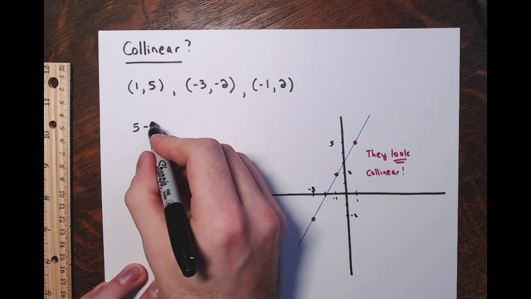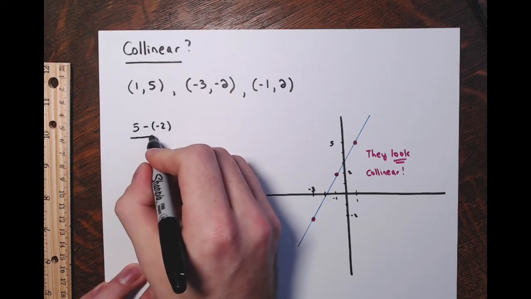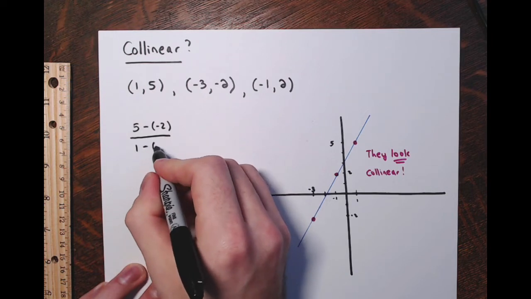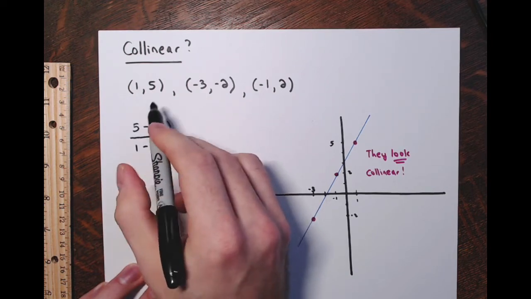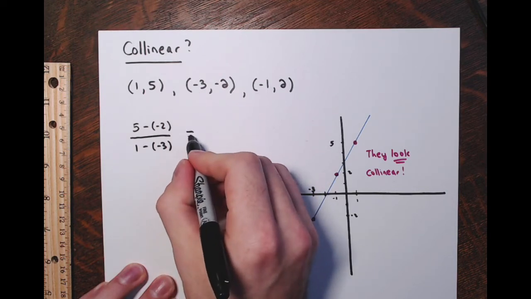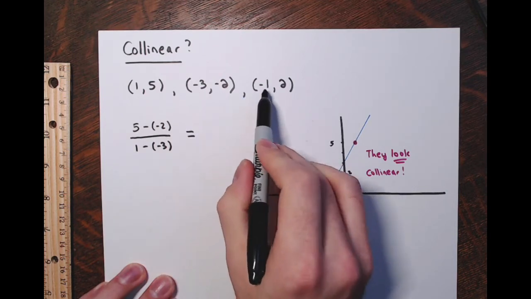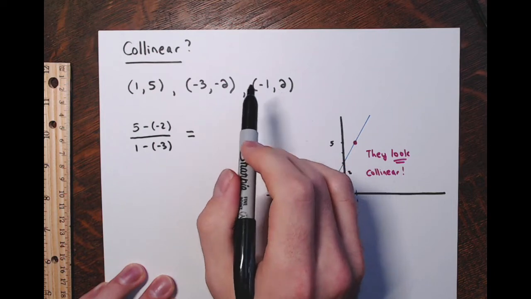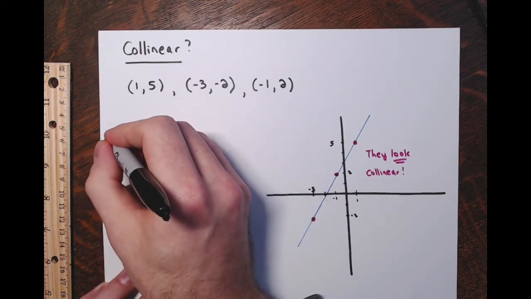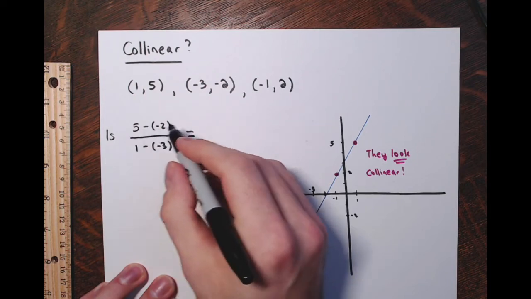So 5 minus -2, change in y, divided by the change in x, 1 minus -3. That slope should be equivalent to the slope of the line going through these 2 points, if they truly are on the same line. So the big question is, is this slope equal to this slope?